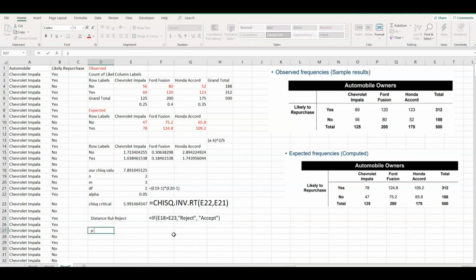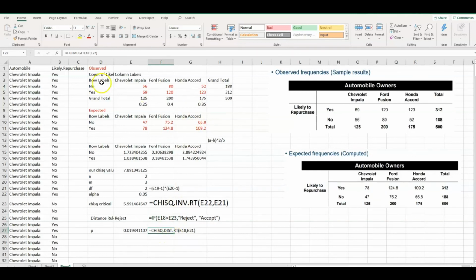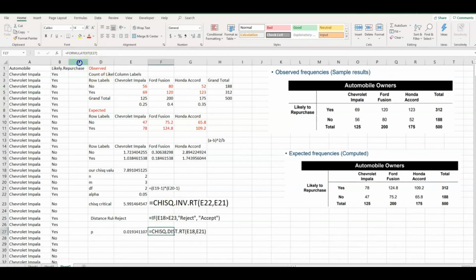So let's calculate the p-value. The p-value will be the chisq distribution right-hand side. We enter our chi-square value, then we enter our degree of freedom, which is 2. So this is our p-value. Again, the criterion is p versus alpha.